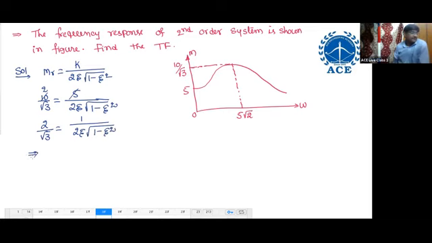Get the zeta value. Square on both sides and simplify. Anybody solved?